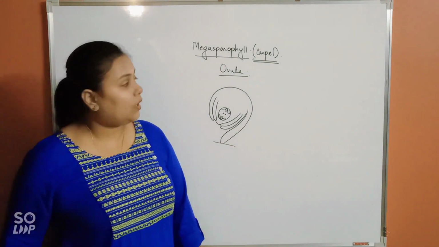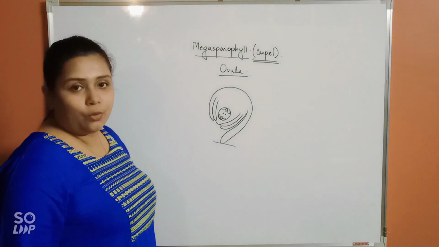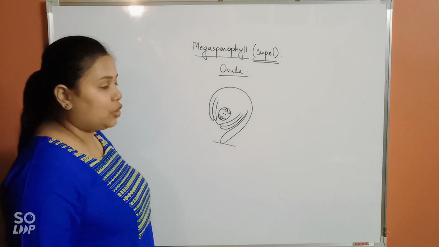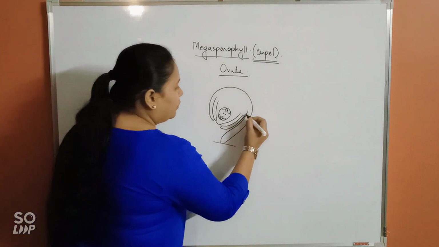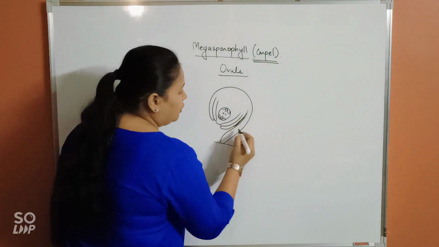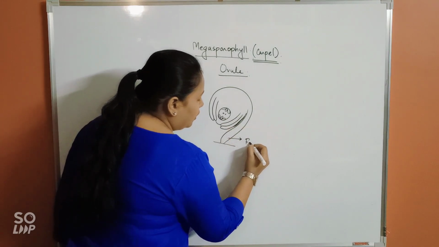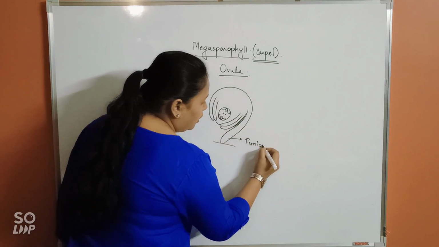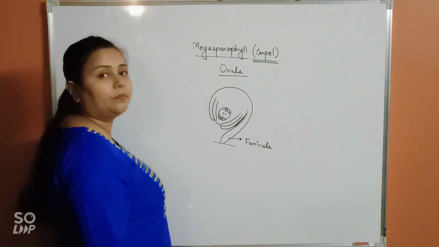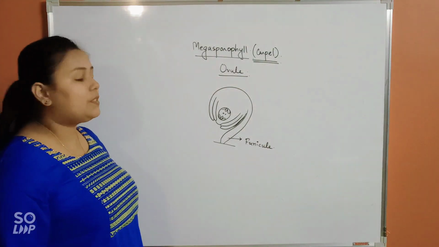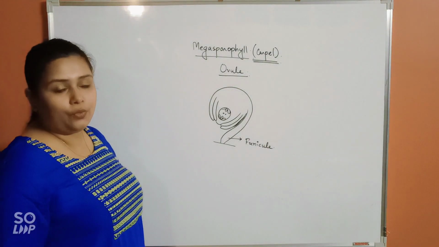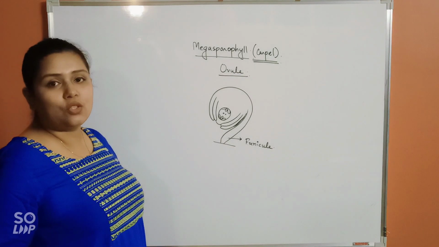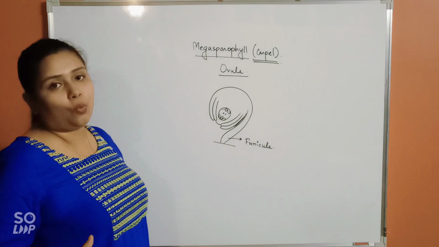Now, the ovule or the megasporangium consists of a stalk called the funicle. Funicle is the stalk of the ovule with which it remains attached to the placenta within the ovary.